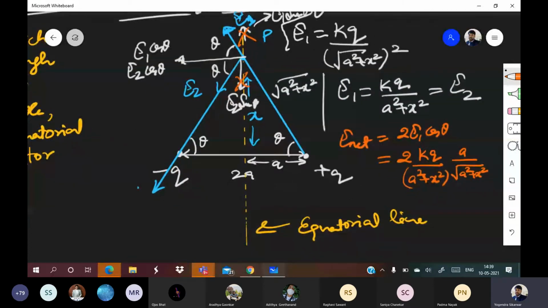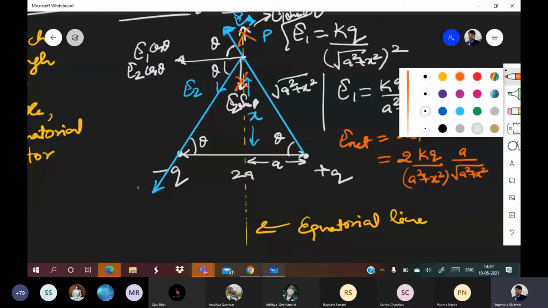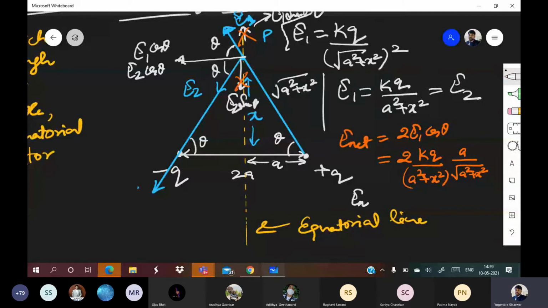So E net comes out to be K into 2 into Q into A. So Q into 2A is P, upon A square plus X square power 3 by 2.